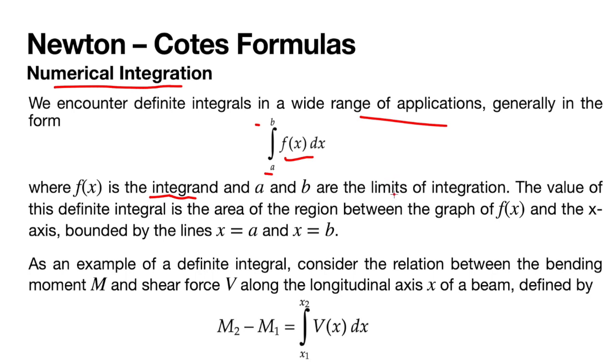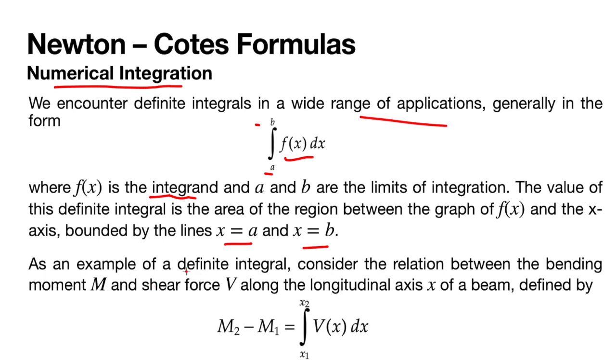The value of this definite integral is the area of the region between the graph f of x and the x-axis bounded by the lines a and b. This is the very common interpretation of integration: it is the area under the curve of the graph, bounded by the limits of integration.